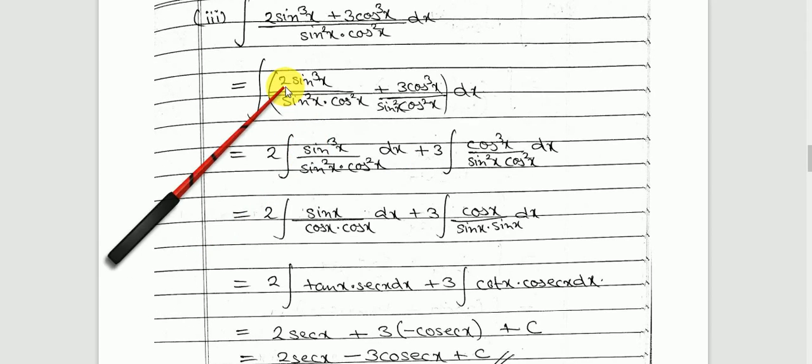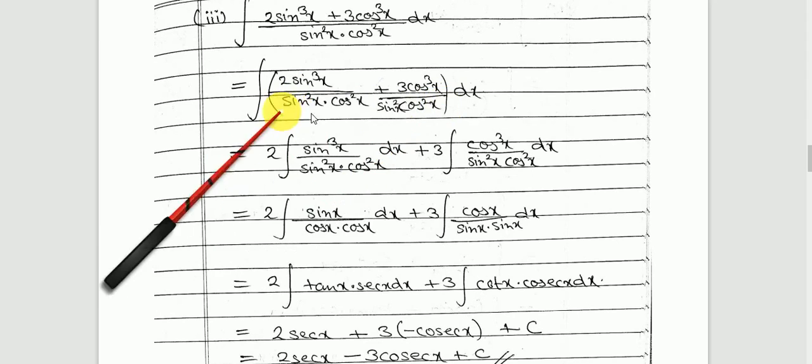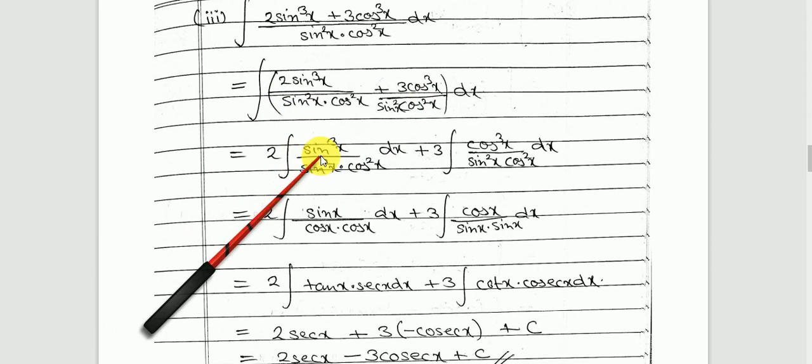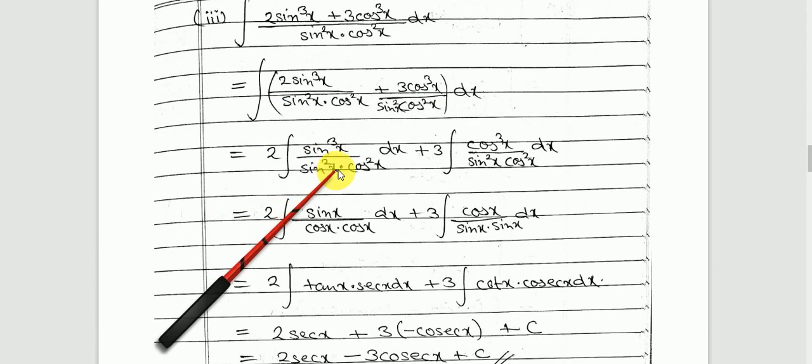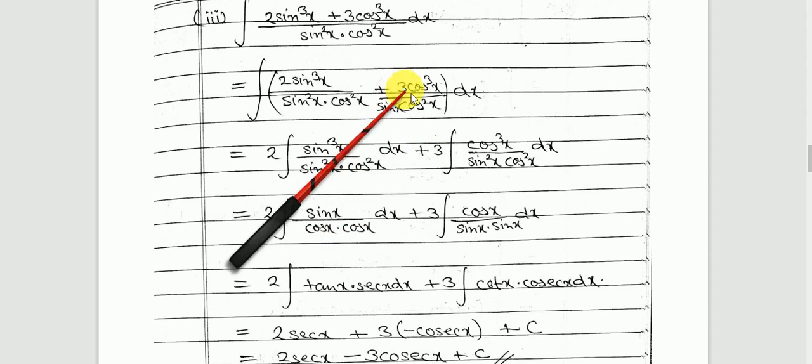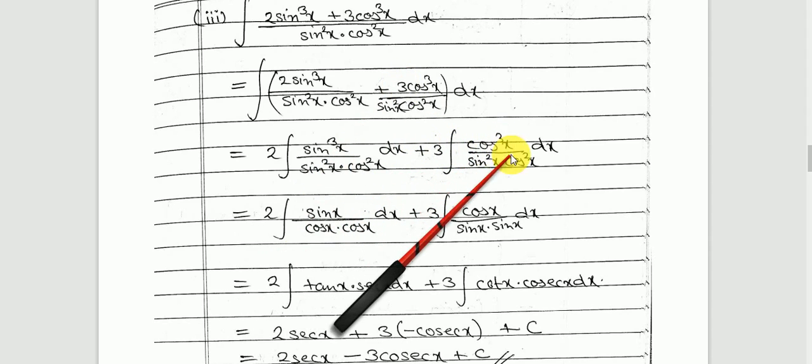Here you can separate them. 2 is a constant, so it comes out: integration of sin cube x upon sin square x into cos square x dx, plus 3 is a constant, so it comes out: integration of cos cube x upon sin square x into cos square x dx.